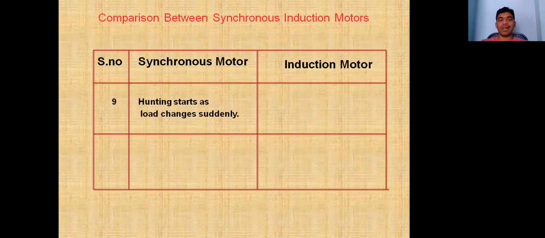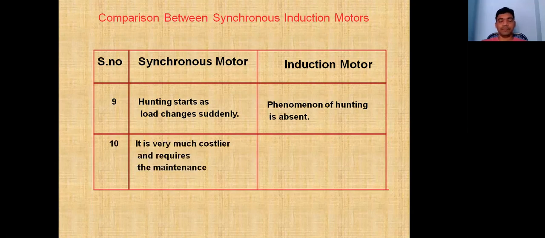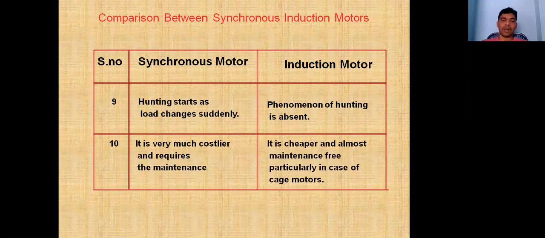In a synchronous motor, hunting starts as the load changes suddenly. In the induction motor, the phenomenon of hunting is absent. Overshooting in the synchronous motor due to hunting may cause speed variation. The synchronous motor is much costlier and requires maintenance because it has brush sets and a different rotor construction.